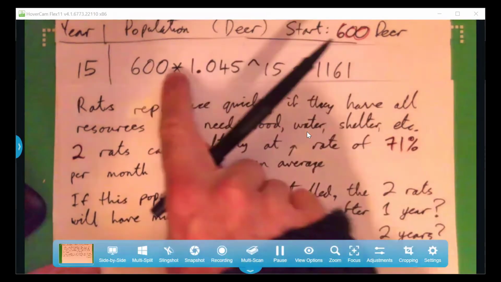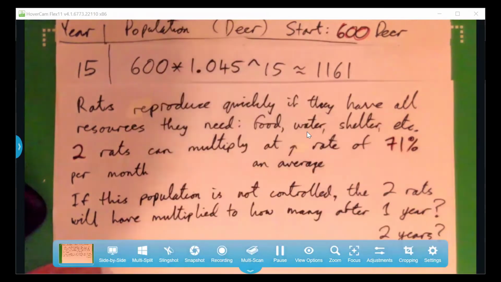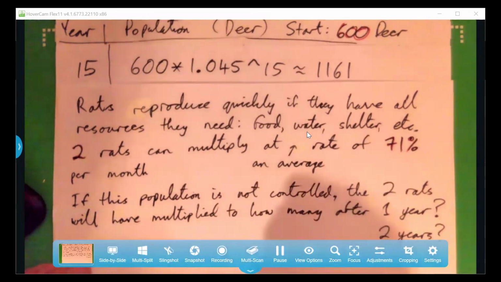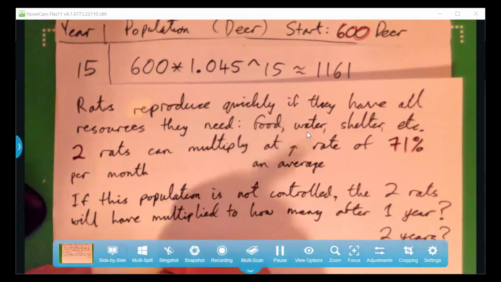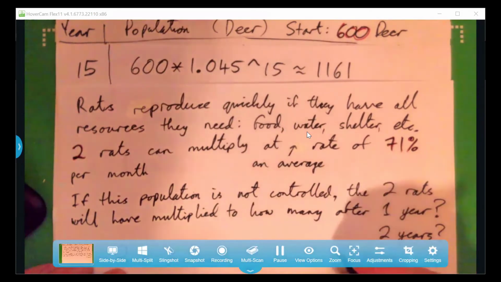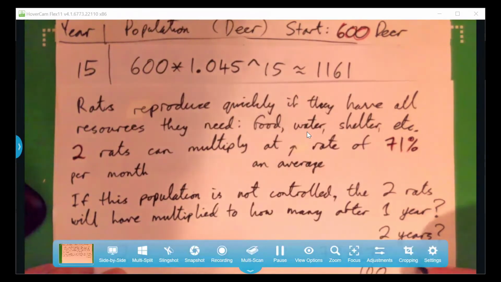So we just do the same thing, only we have different numbers. That's basically it. So you've got 2 rats, and by the way, 71% is actually 71 over 100, which is actually 0.71.